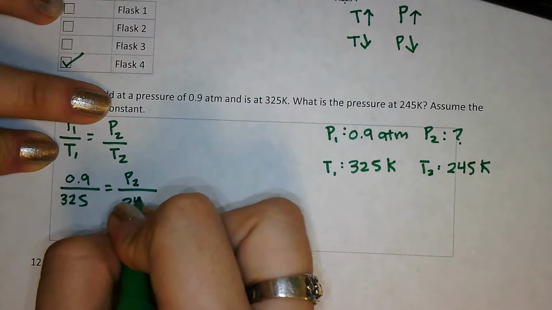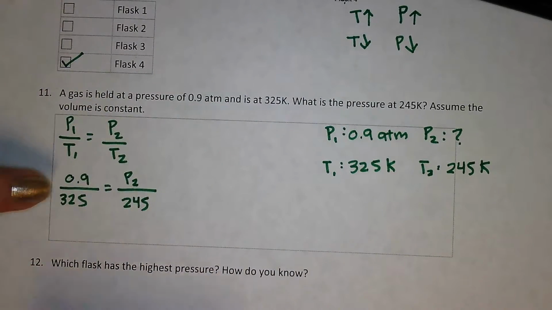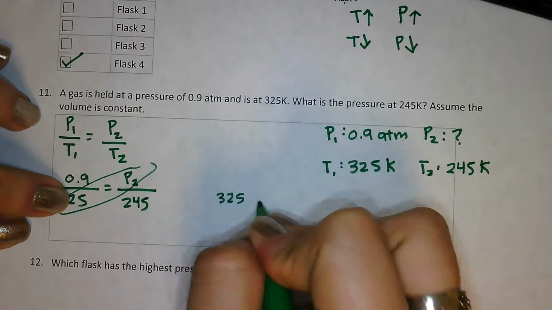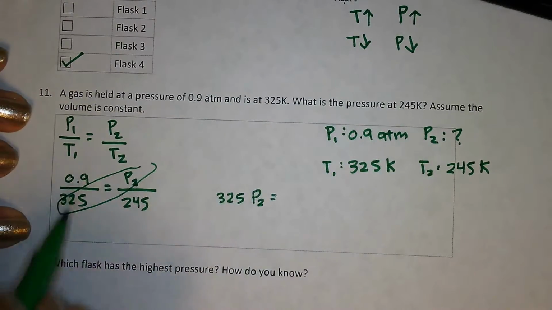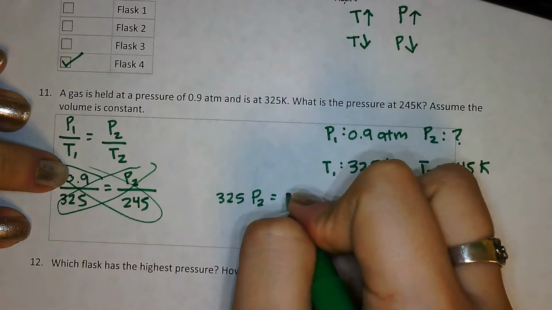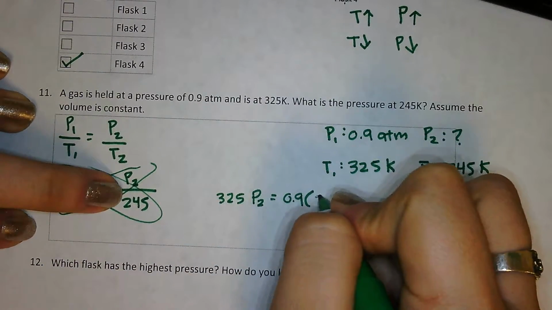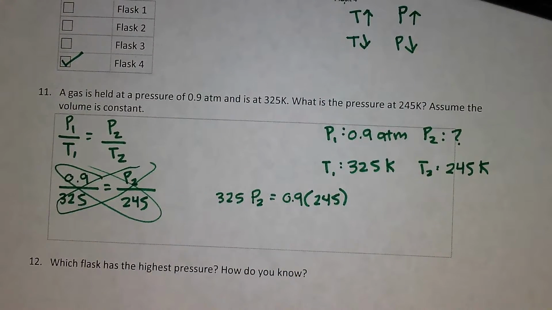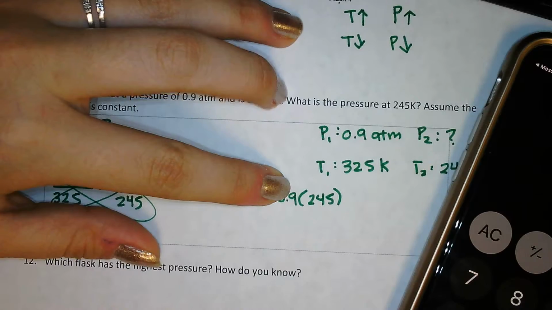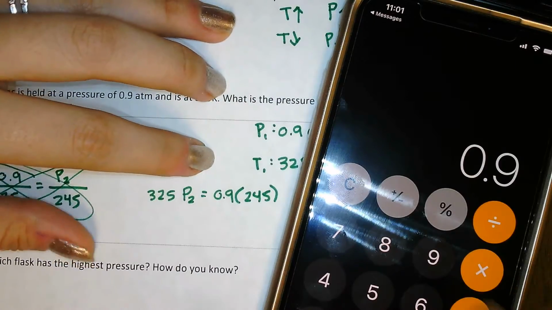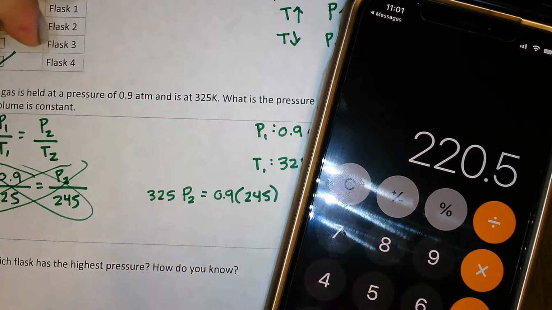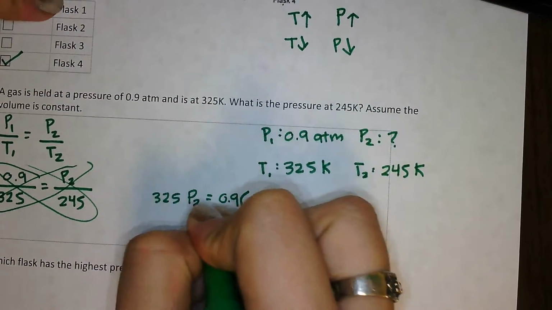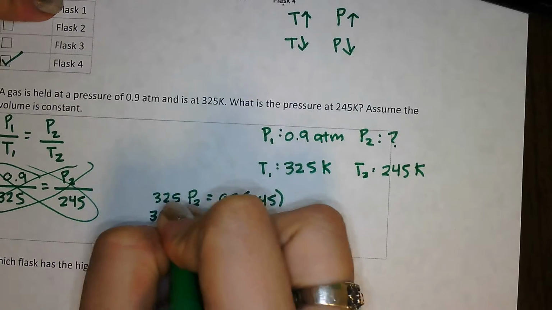is 245. To solve this, you cross multiply, so 325 times P2 is equal to 0.9 times 245. Now we just have to do the math. 0.9 times 245 is 220.5, equal to 325 P2.